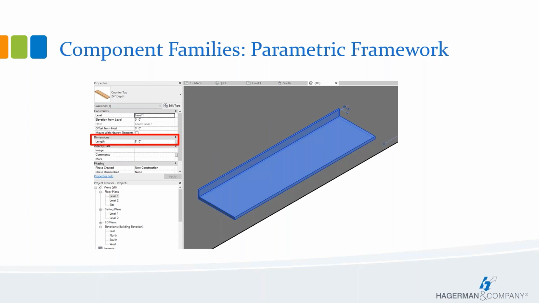For me, the most logical starting point here is the fact that you can apply a parametric framework to your components. This opens up the opportunity to easily add parameters to drive the physical geometry of the elements, or even add any kind of critical information that you'll need for that element.